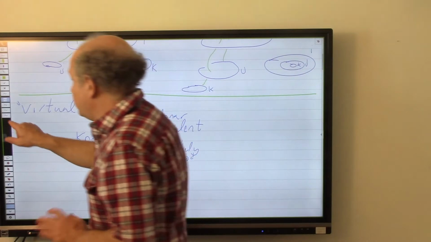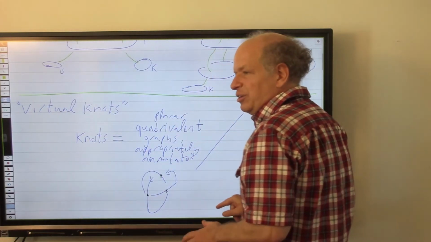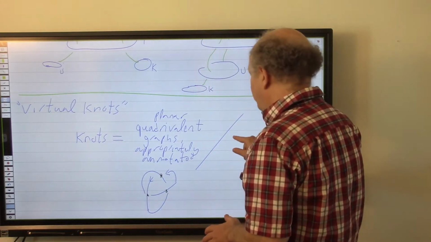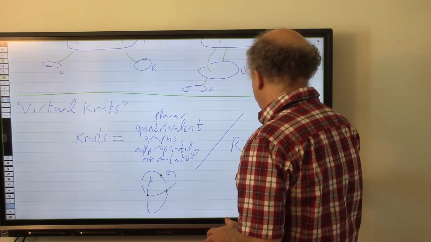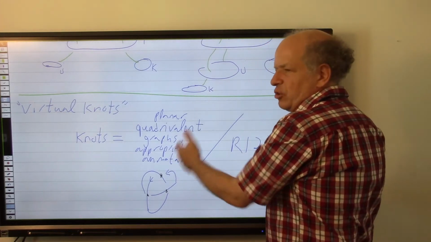Sorry, these are not knots. These are knot diagrams. To make them knots, you mod out by Reidemeister 1, 2, and 3, which are local relations on the graphs.